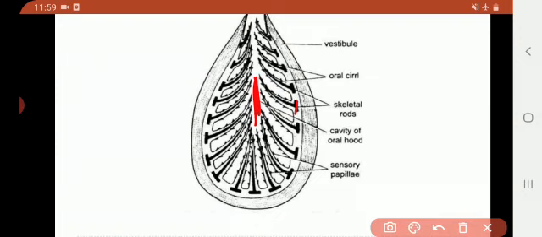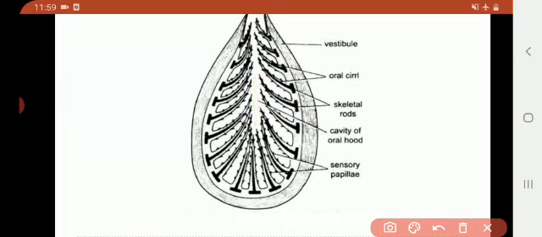The number of oral cirri increases with age, and the oral cirri and edge of the oral hood are supported by skeletal roots, which are stiff and gelatinous rod-like structures. The oral cirri form a sieve or filter that prevents entry of larger particles into the mouth. I hope it is clear.